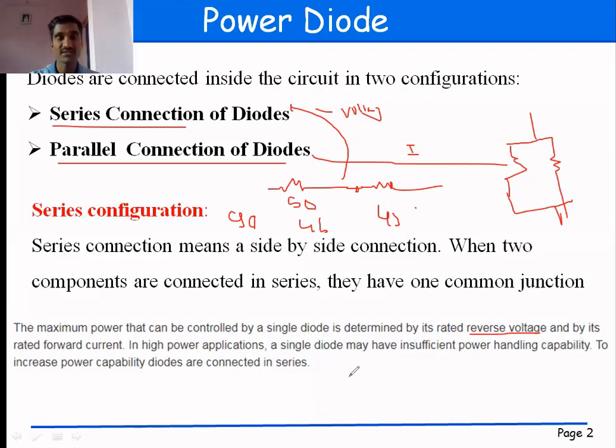As the name suggests, this field requires high power, and sometimes a single device is insufficient to handle such power. So in these conditions, we need to connect diodes in series or in parallel configurations.